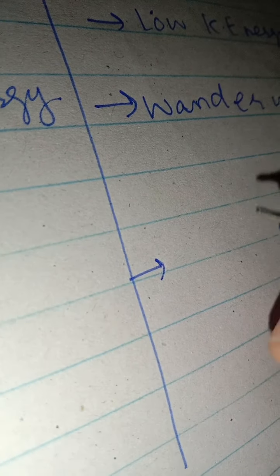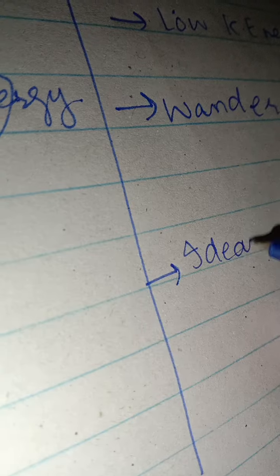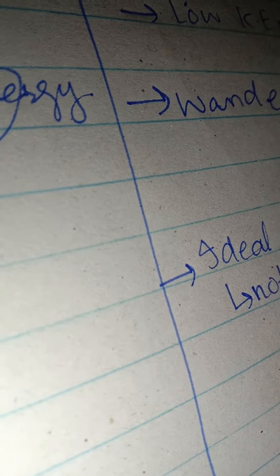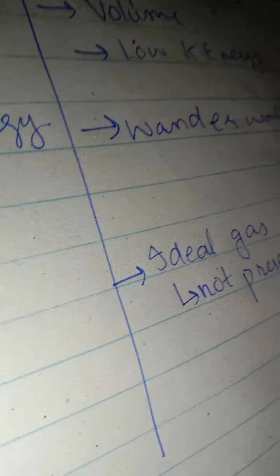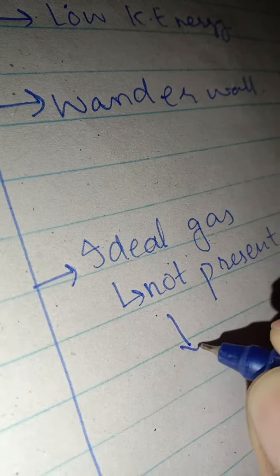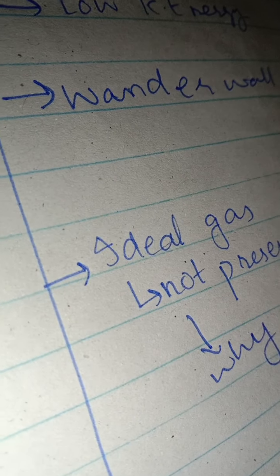So this is the MCQ: the ideal gas is not present on our planet, not present on Earth. Why is it not present on Earth?